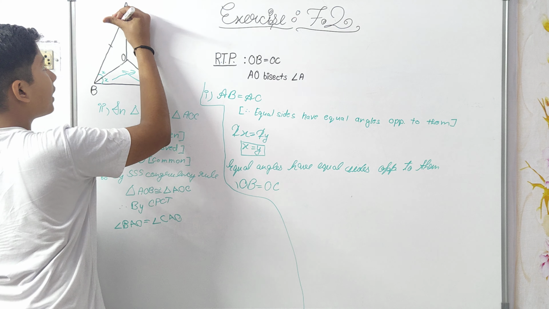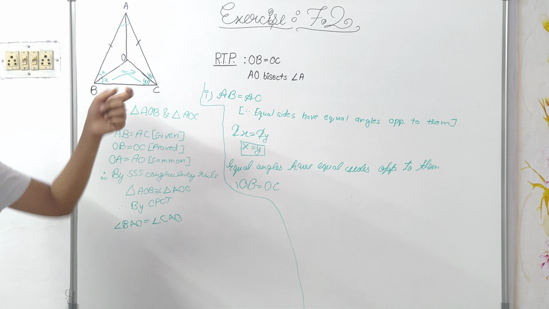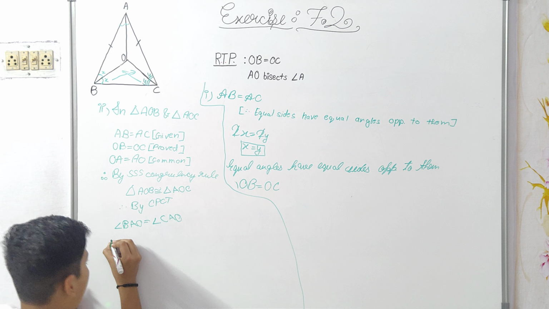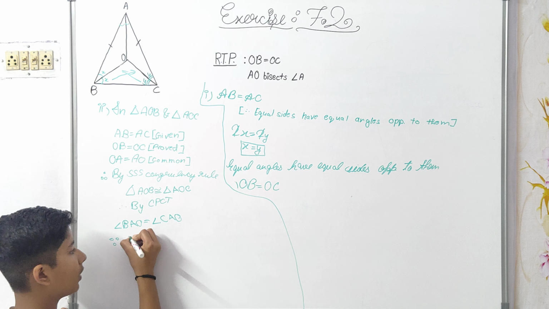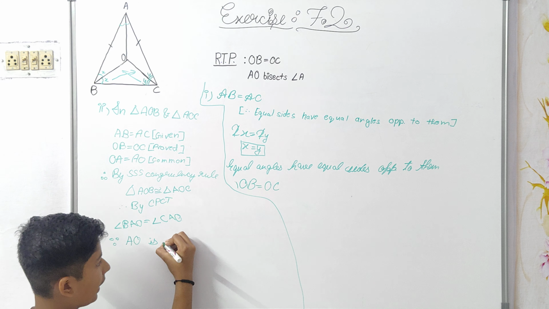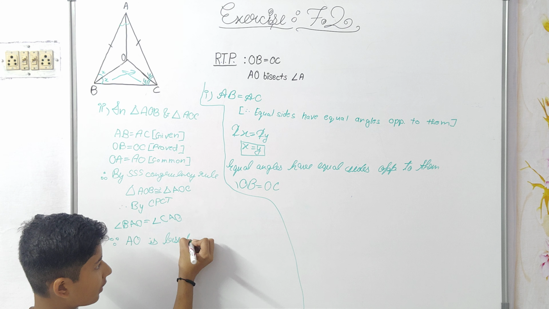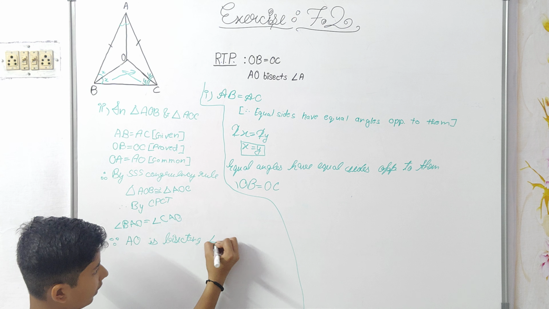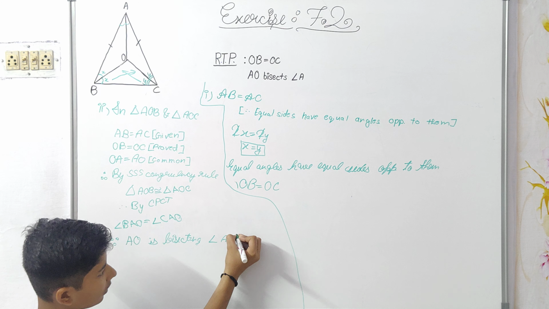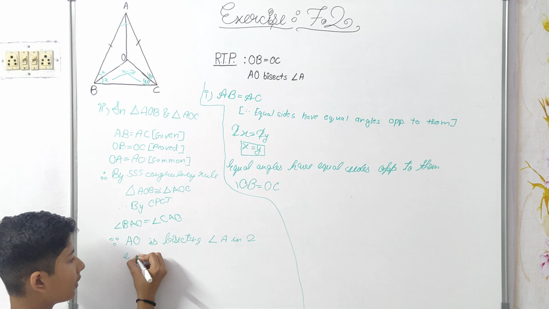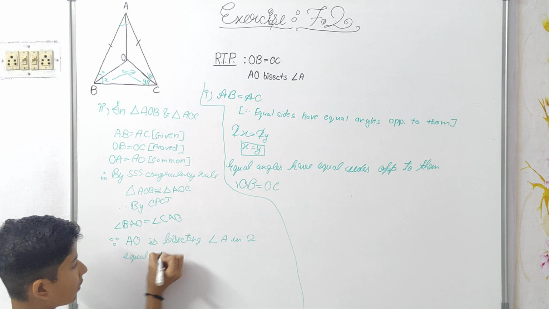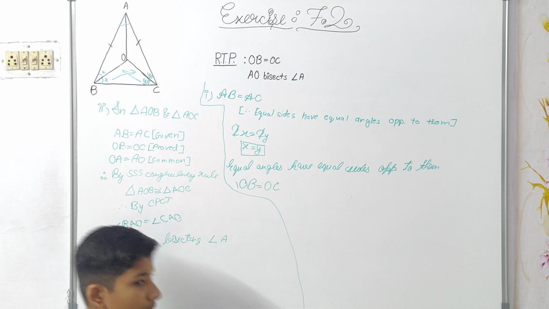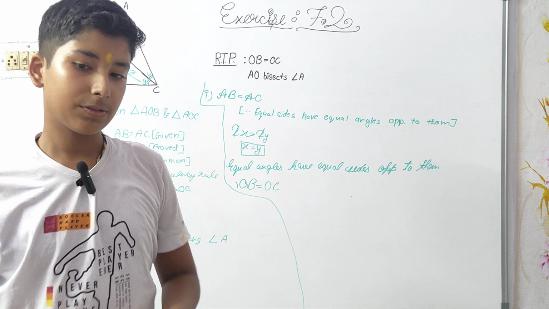So if these two angles are equal, it means that AO is bisecting angle A into two equal parts. Therefore, AO is bisecting angle A, because bisecting means dividing in two equal halves.